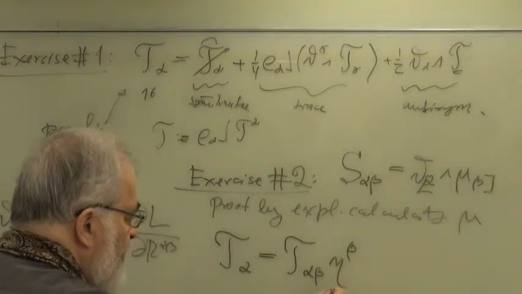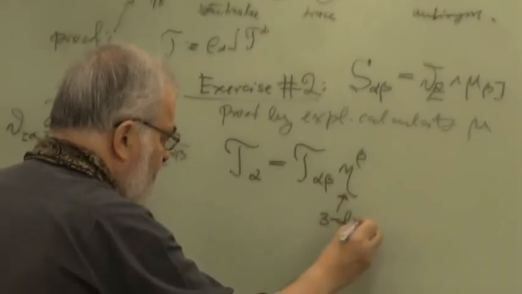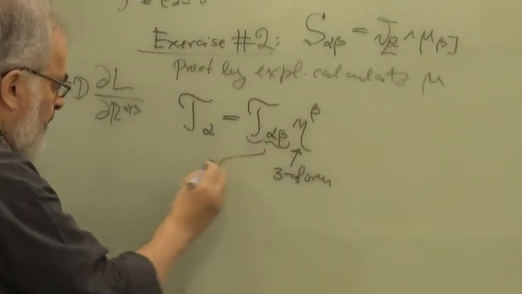Eta is the 3 form which we defined at the beginning of the lecture. And this is then the energy momentum tensor.